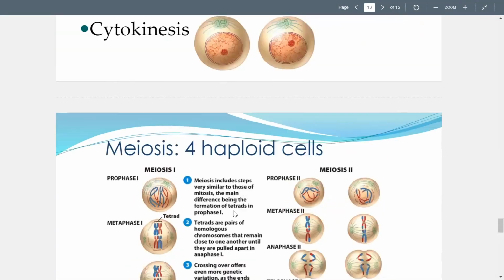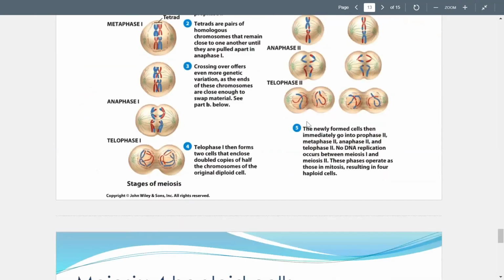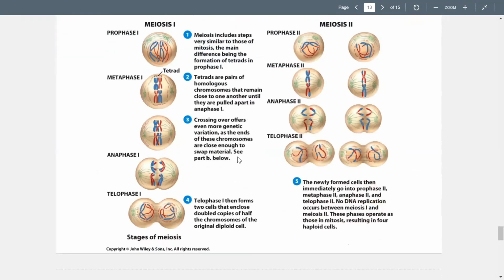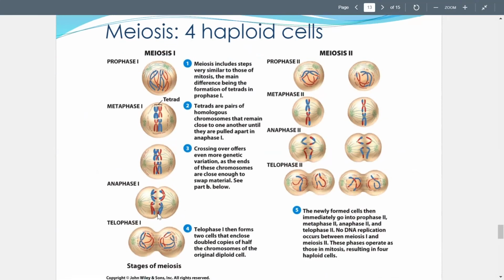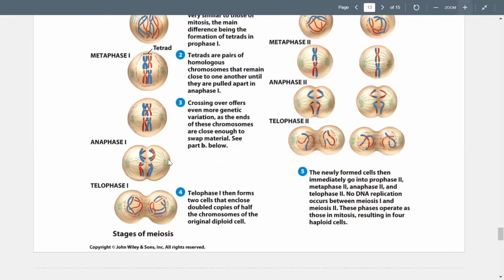In telophase the cell starts to cleave, so it starts to split. The main difference between meiosis 1 and meiosis 2 is that there's swapping of DNA in meiosis 1. If you look more closely, parts of this one have red, parts of this have blue, and the red one has blue while the blue chromosome has red.